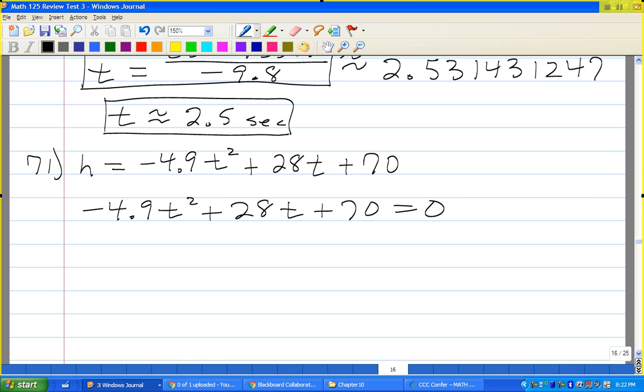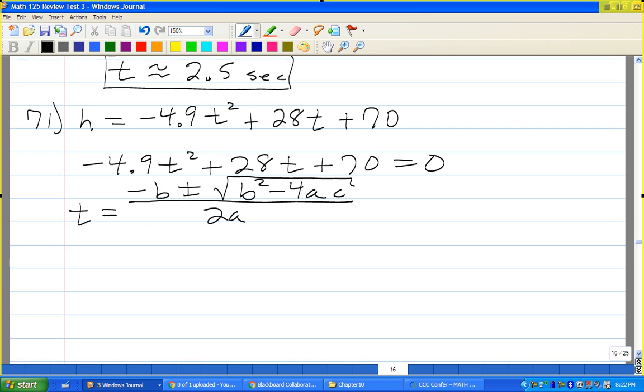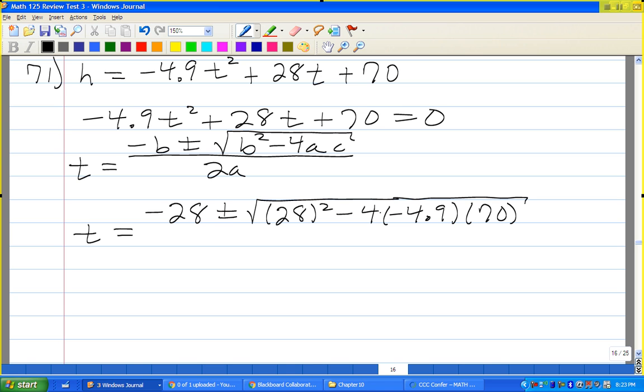Okay. And so I have here t equals negative b plus or minus the square root of b squared minus 4ac all over 2a.